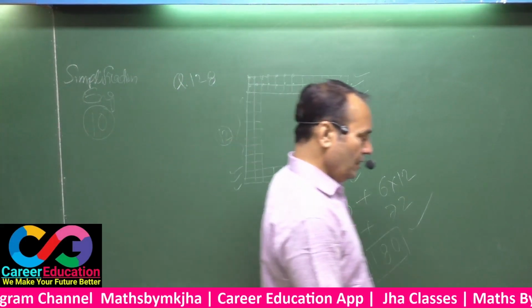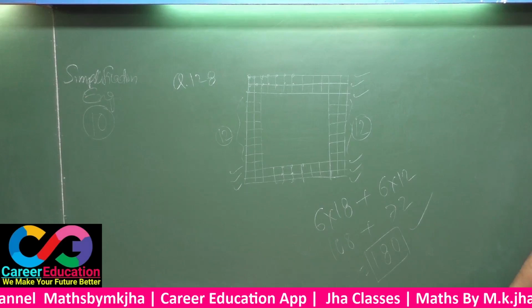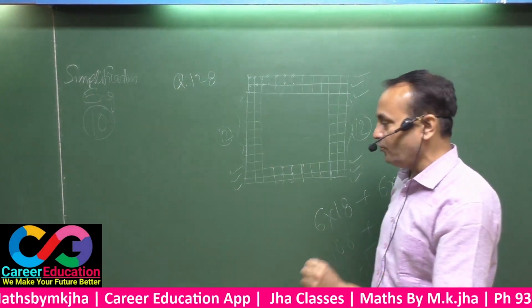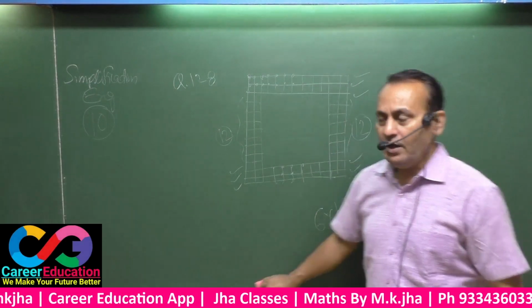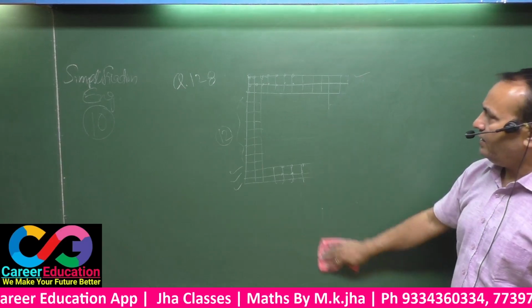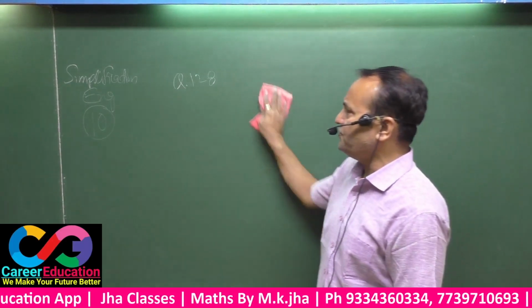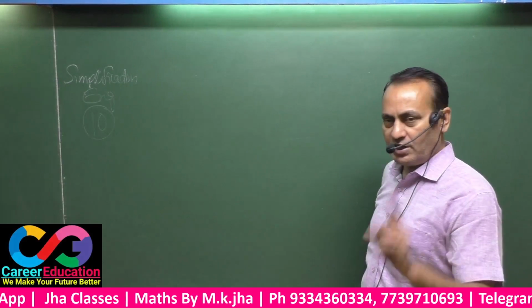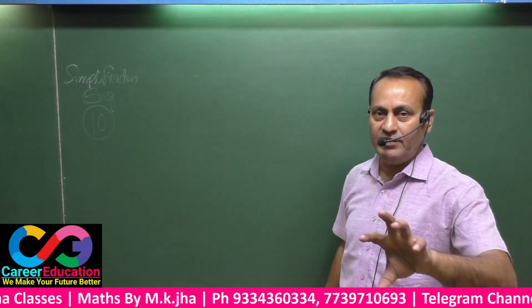No need to make the figure. You have to take the help of a given formula. I will give you one formula, and that formula will answer such types of questions very easily. You are solving question number 128 again through the formula given by me.